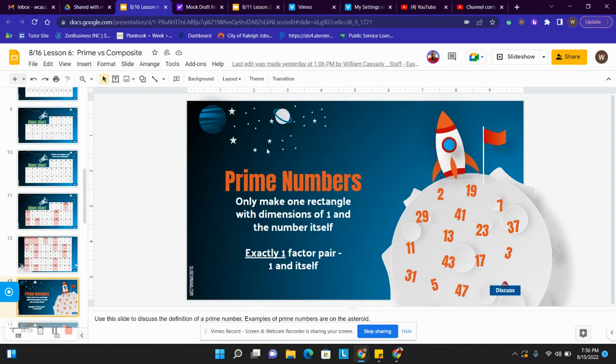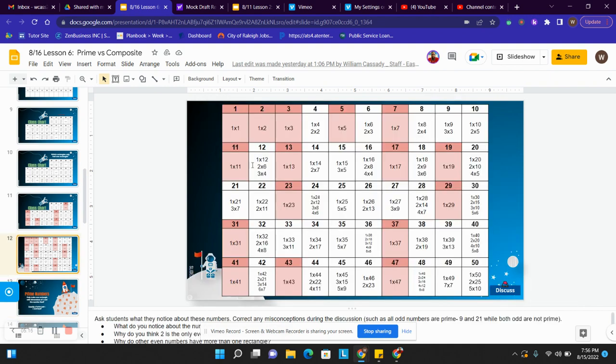All right. Now, prime numbers only make one rectangle with dimensions of 1 and the number itself. So if we look back, we notice 1, 2, 3, 5, 7, 11, 13, 17, 19, 23, 29, 31, 37.